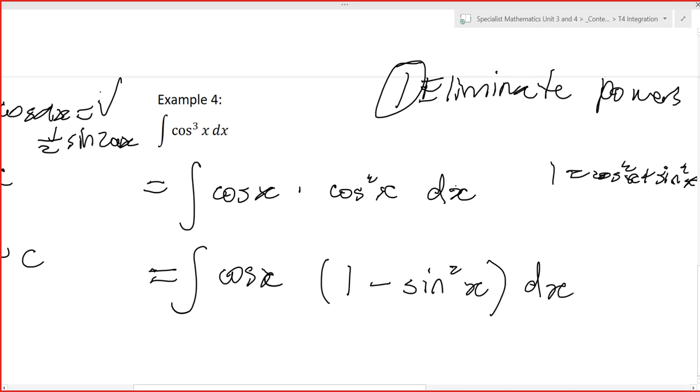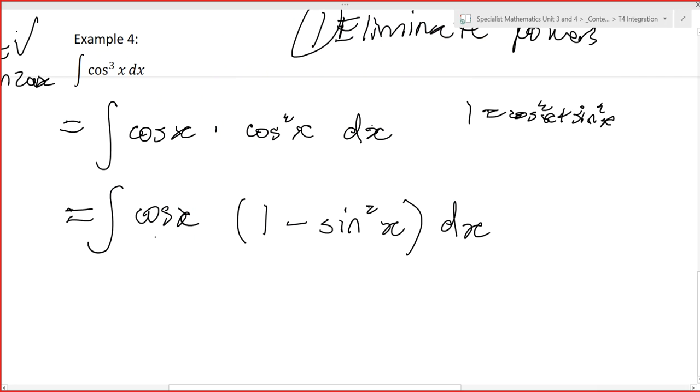Okay, so you might be wondering, why did I do that? If you look at the sine squared x, can you see the derivative present? Squared cos x, sine, we can let u equal sine x.